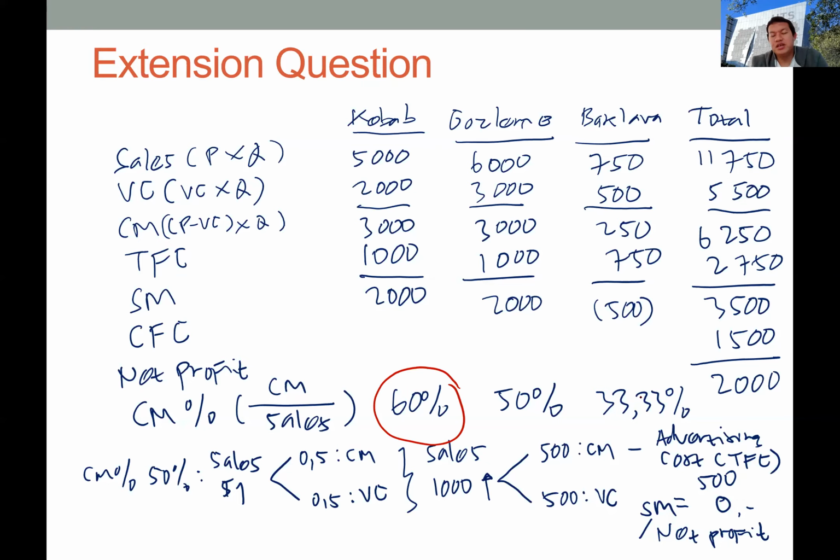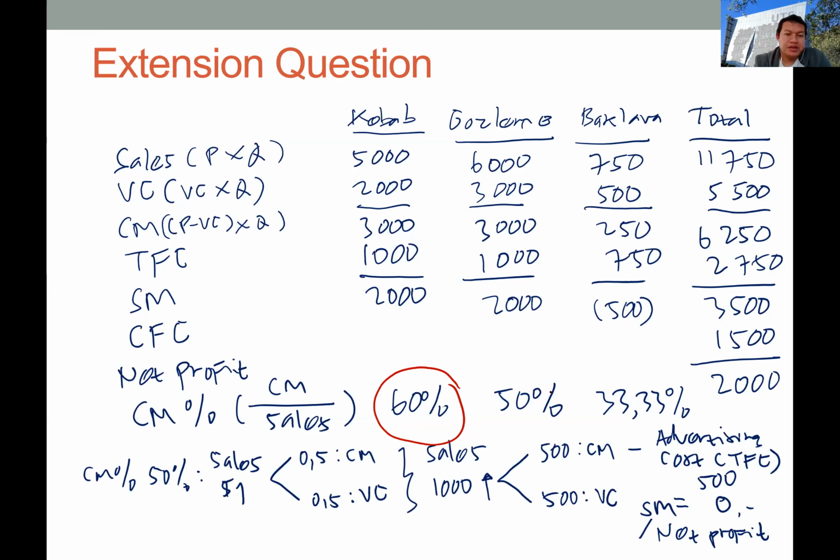Okay, so compared to the other two products, kebab has 60% contribution margin, which means in the very short term, kebab will give the company the highest profit compared to the other two.